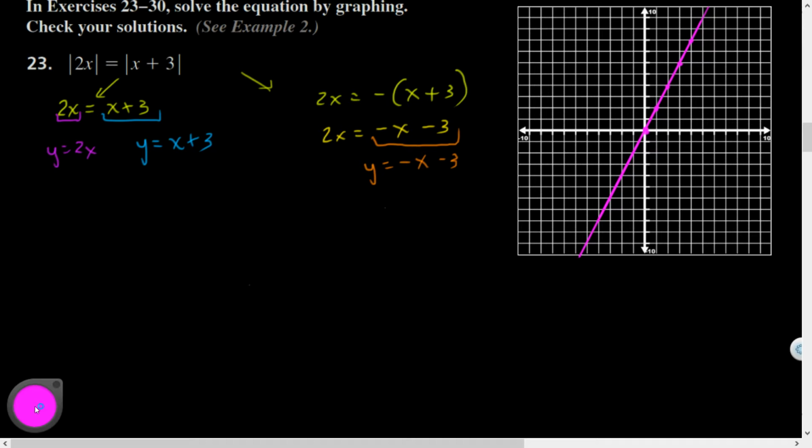And let's see, this blue line has a y-intercept of 3, so I'll start up at 3 here, and a slope of 1. So I'll go up 1 over 1, up 1 over 1, up 1 over 1. Found an intersection there already.